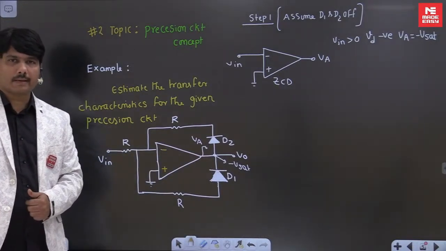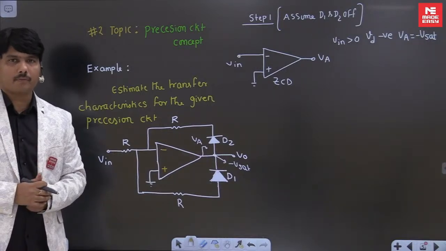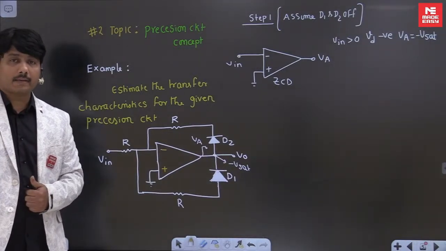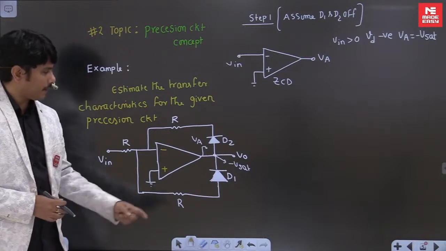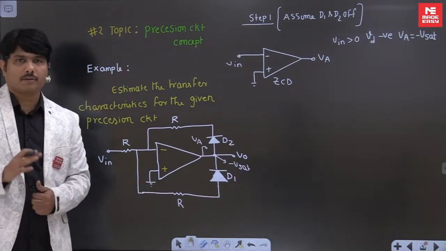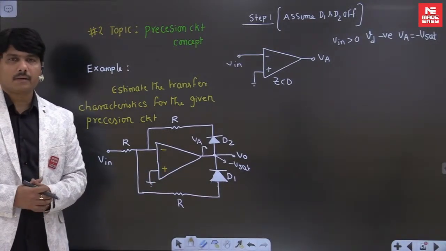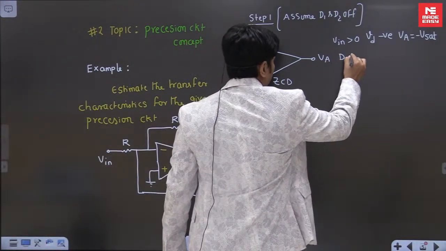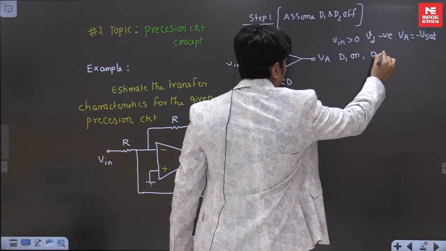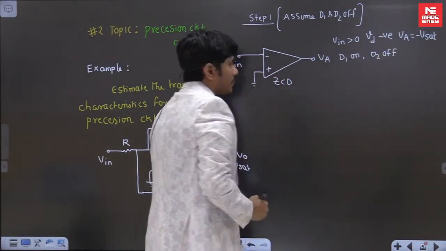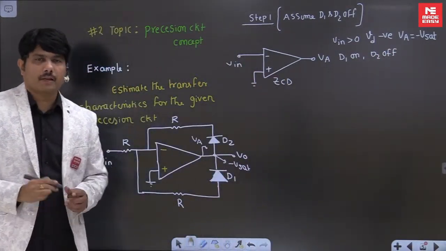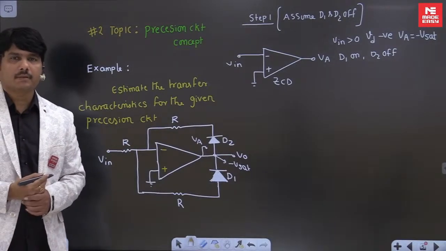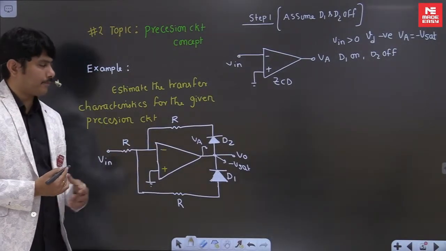The cathode connecting to the negative will become forward bias. The anode connecting will become reverse bias. That means D1 is showing interest to get on. In this case, D2 is getting off. So in the first case, we can say D1 is getting on, D2 is getting off. This is the step 1 analysis. Like that, first you understand the status of the diodes by using the op-amp output.